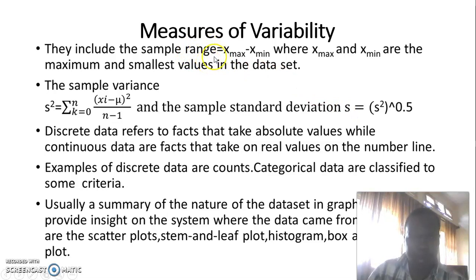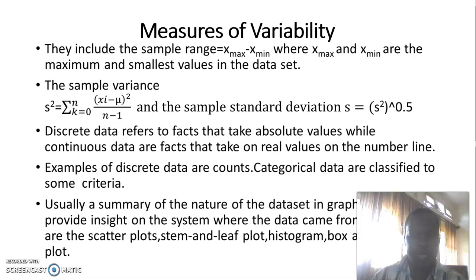But if the variability is high, that means that we shall observe a bigger range, a bigger maximum value, and a smaller minimum value. So these indicators measure variability in the what? In the data set.